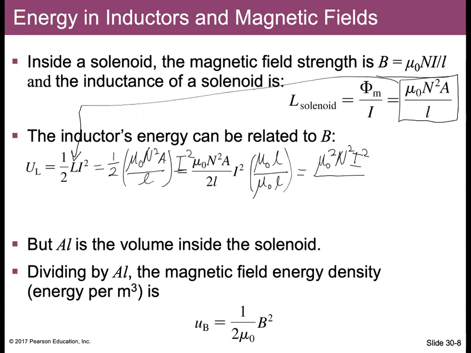All of that over in the denominator, I'm going to have an l squared. And I also will still have one over 2 mu naught times A times l. So now, I'll make that easier to read.